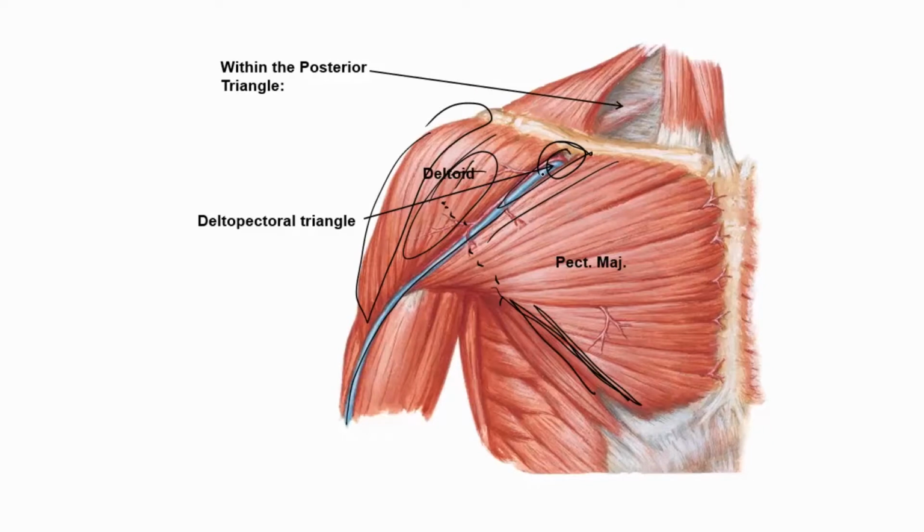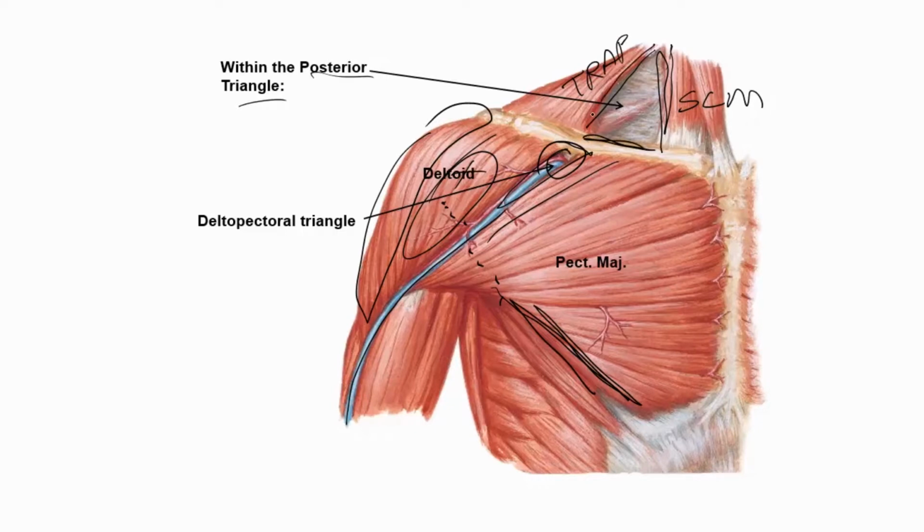The elements of the brachial plexus lie within the posterior triangle of the neck, and that's what we see here. The posterior triangle is anterior to the anterior edge of the trapezius, posterior to the posterior edge of the sternocleidomastoid muscle, this being the trapezius again, and superior to the clavicle.